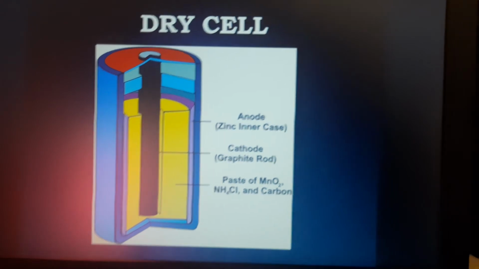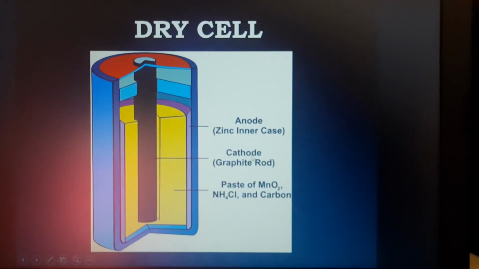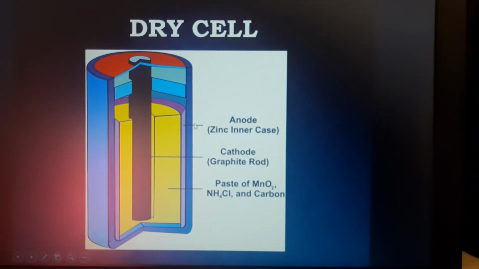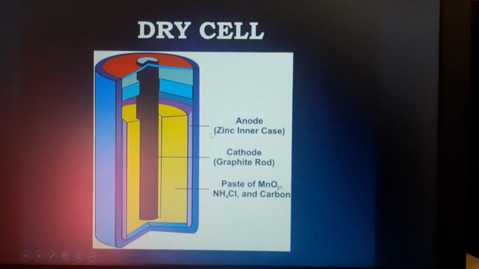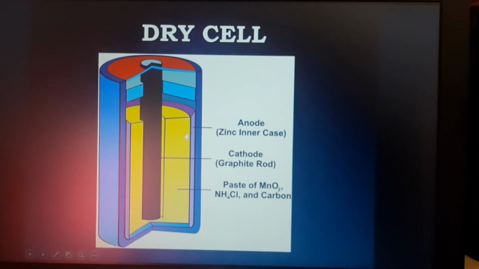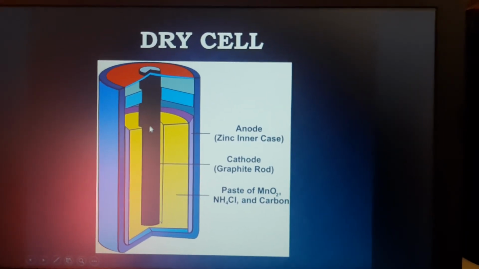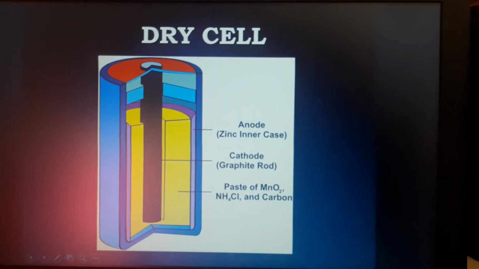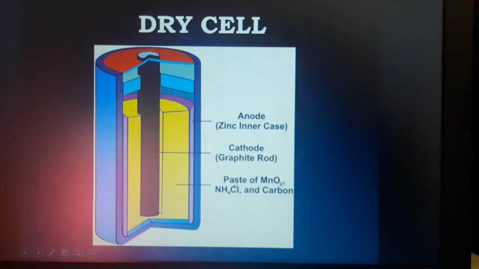So this is the structure of dry cell. You can see that the structure of dry cell is given here. So here we have inner case that is made of zinc, and it acts as anode, and at the middle of the cell structure is the cathode, graphite rod, and there is paste of manganese dioxide, ammonium chloride and carbon.